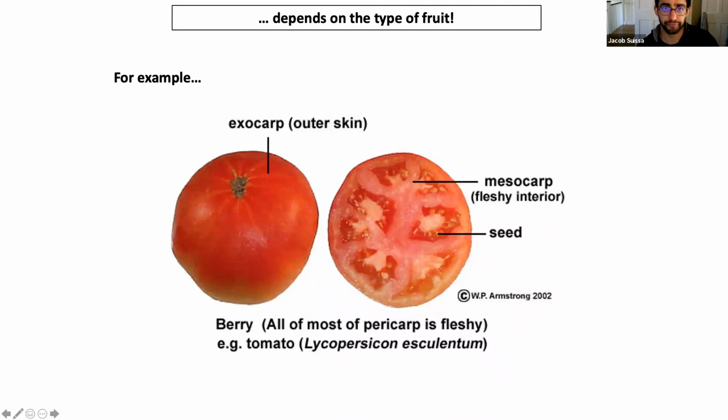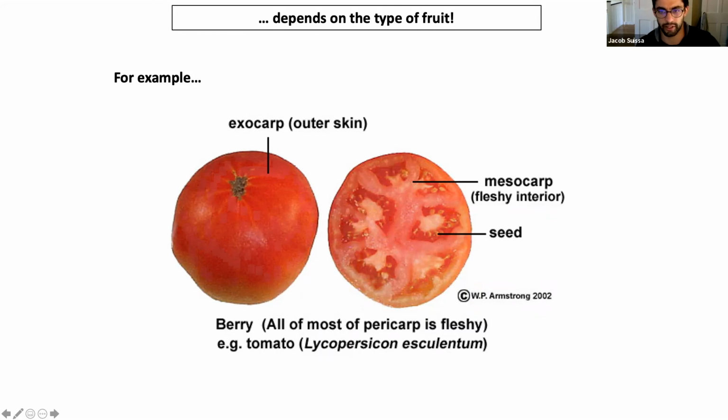Yeah. So in tomatoes, the exocarp is sort of the outer skin of the tomato berry, and then the mesocarp is sort of all of this fleshy structure, and where the endocarp is, I'm not entirely sure. This is also not a great example because this is a cultivated variety of tomato where all of the locules and carpels are all sort of messed up.